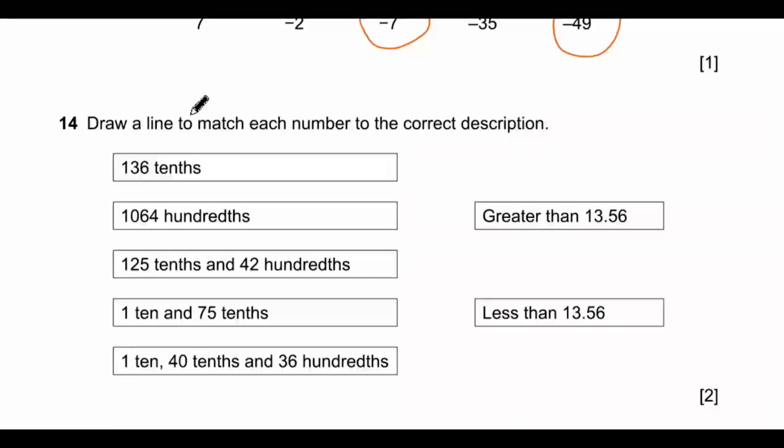Question 14. Draw a line to match each number to the correct description. We have 136 tenths. That will be 136 over 10, so this will give us 13.6. Of course, 13.6 can informally be thought of as 13.60. That means it is greater than 13.56, because this is not up to 60.